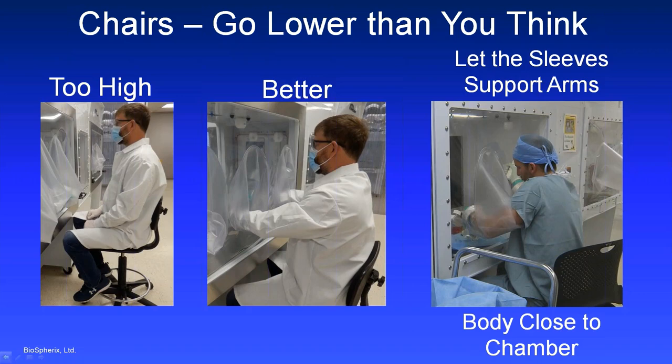And this lets the system sleeves support some of the weight of your arms and makes it so that you can relax your shoulders more, relax your neck more, relax your upper back, and be able to work more comfortably for extended periods of time in the processing chamber.